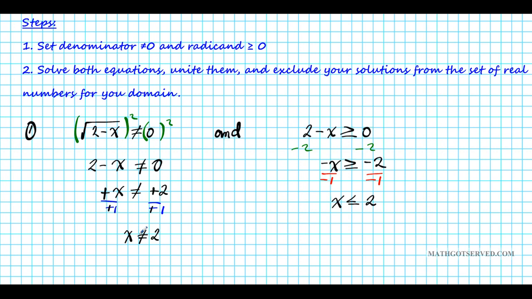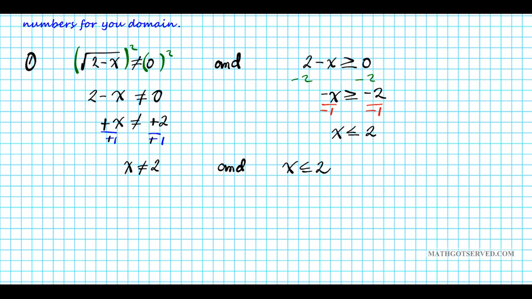All right, so the left equation tells us that x cannot be 2, and the equation on the right says x can be 2 or less. Now, if we combine these two together, what do we have? This says no 2, this says 2 or less. So if we combine them, we simply have to eliminate 2 from the domain because the left equation says that it must be excluded.